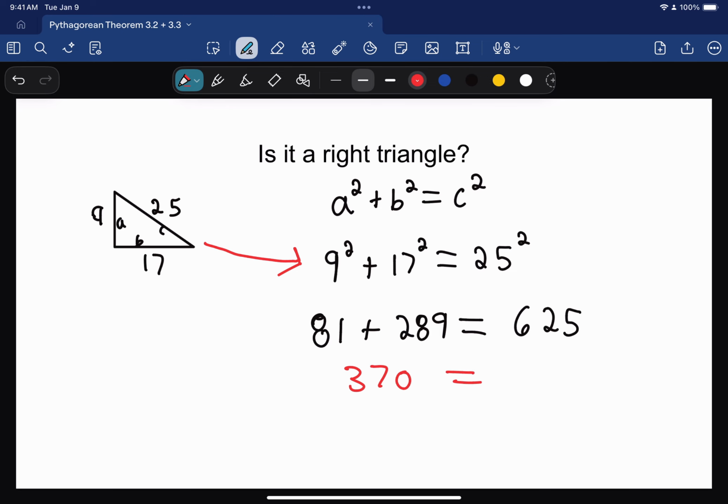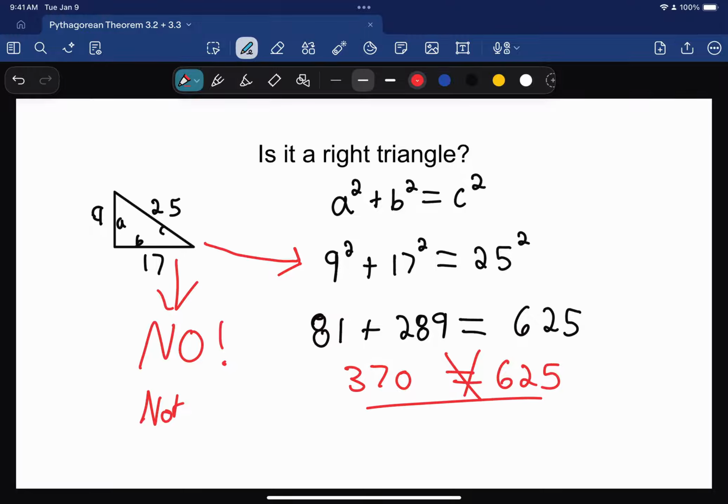And this does not equal 625. No, nope, this is not true. So this is not a right triangle, which means the corner is not right. That's what that means. So this is not a right triangle because the Pythagorean theorem is not true.